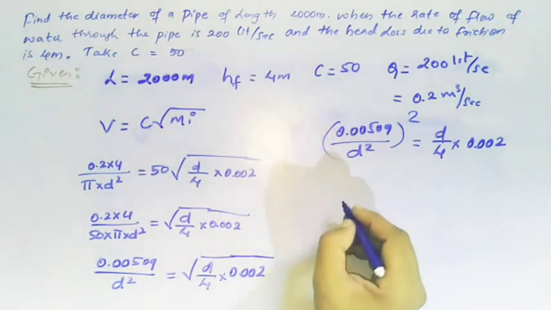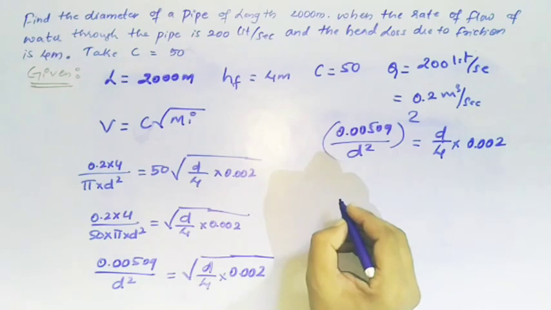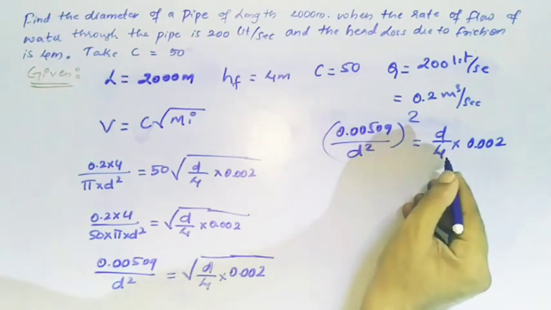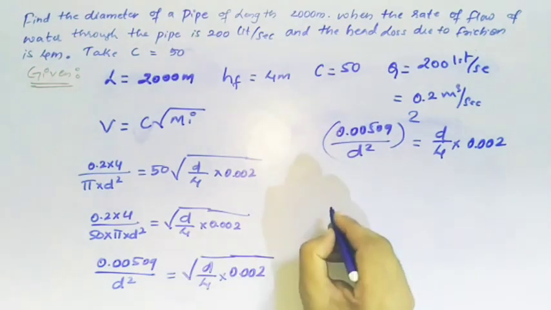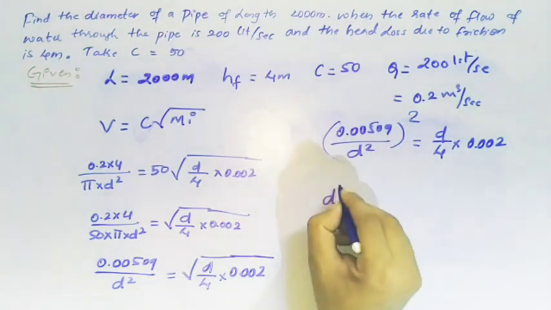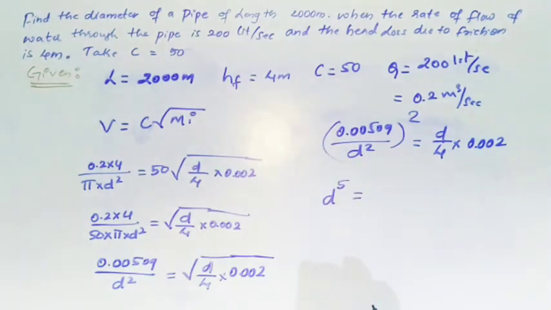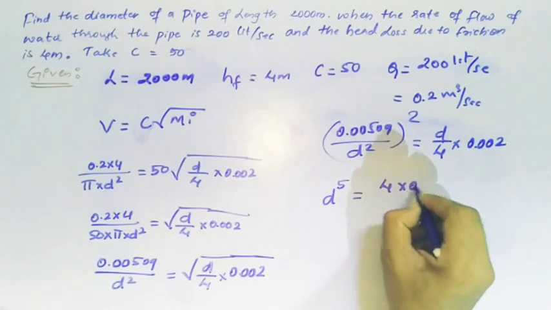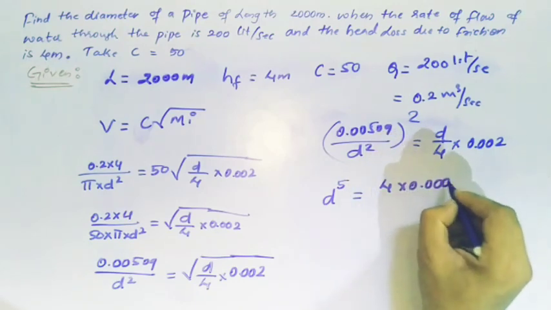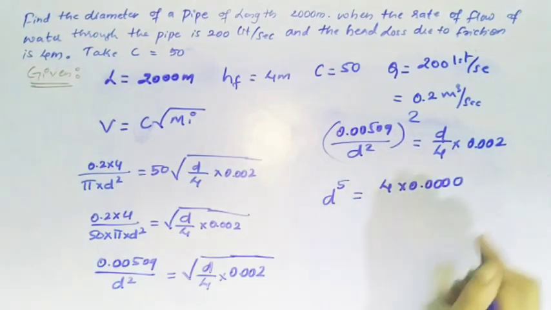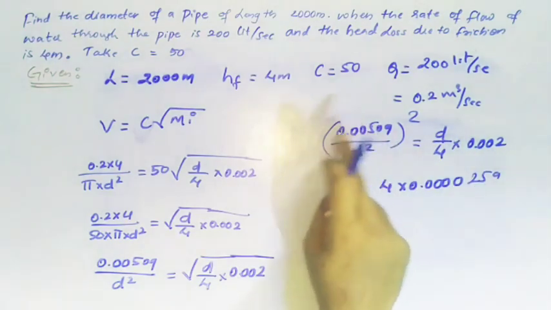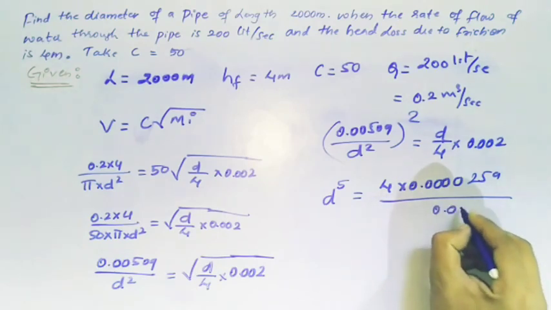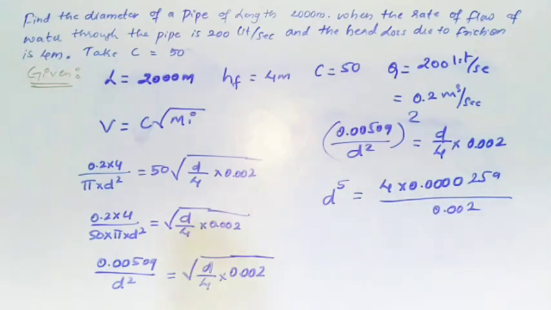Now this equation becomes, d square, d raised to 4, I'll just take it outside. So then if I simplify, d raised to 5 will be equals to 4 into 0.0000259, that is a square of this one, divided by 0.002.